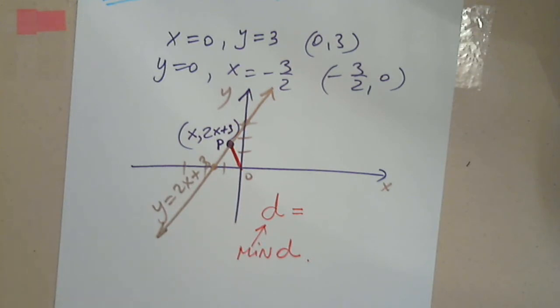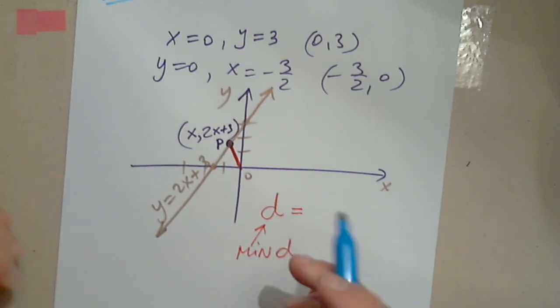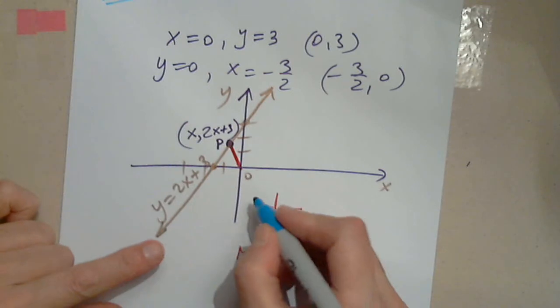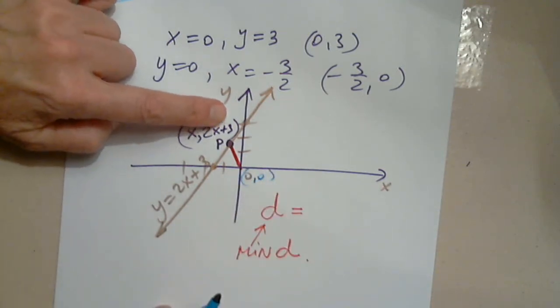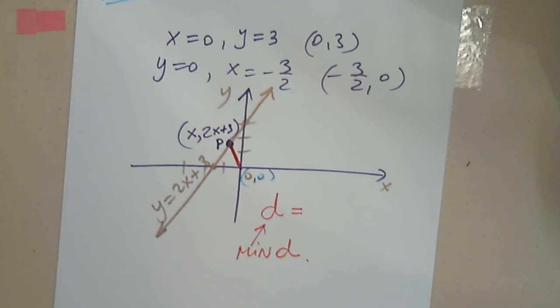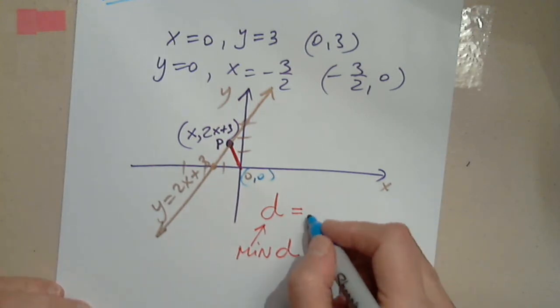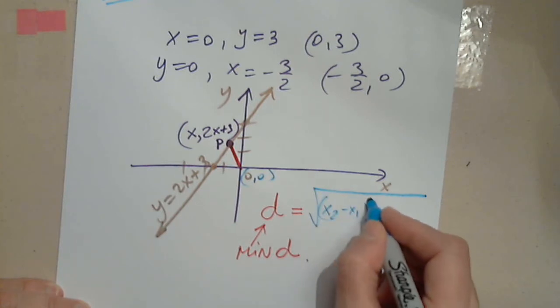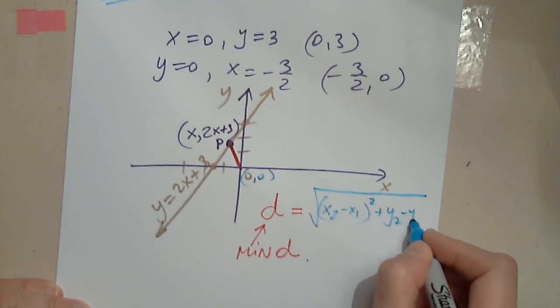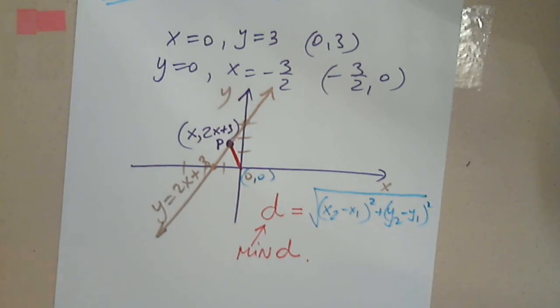So, how do I find the distance between 2 points? Which points? 0, comma 0 and x, comma 2x plus 3. It's the square root of x2 minus x1 squared plus y2 minus y1 squared. That's the distance formula.